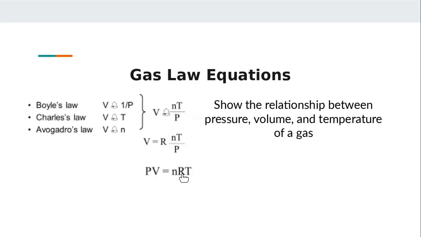And the gas constant is 0.08206, and the units for the gas constant are liters atmospheres over moles Kelvin. So whenever you're using the ideal gas law, you want to use those units exactly. This is just a brief summary. We're going to go over each one of these laws in a little more detail in the next few slides.